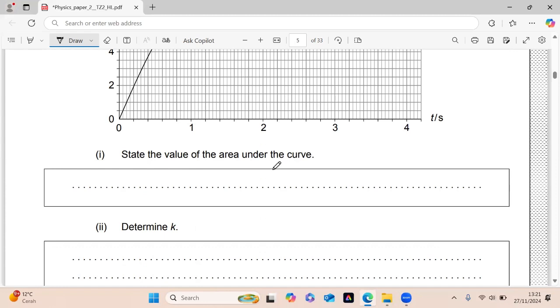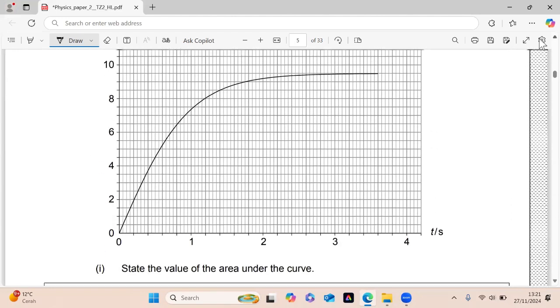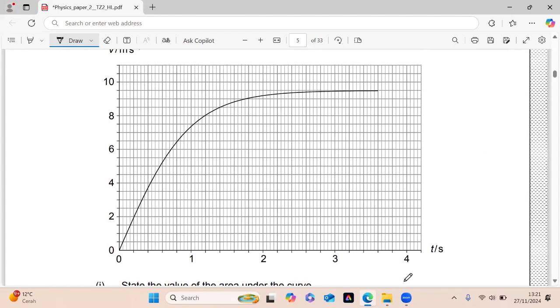The area under the curve is the displacement. How do we determine the displacement based on this graph? Look, this graph will be constant. This line will be a straight line starting at t equals 3. When t equals 3, it means v equals around 9.5.